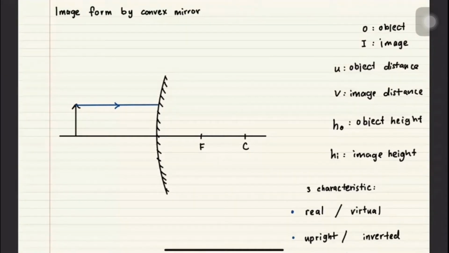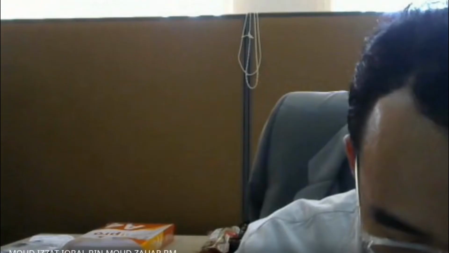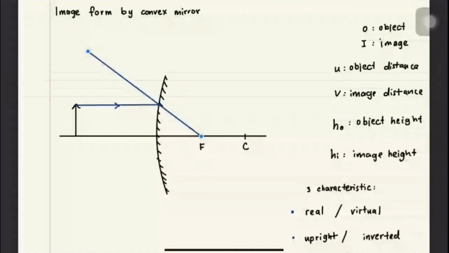Okay, the light is reflected. The light will not go into the mirror directly. So when it is being reflected, in this case, it will be reflected off the F. So you can imagine this one is actually reflected from the F. Okay, but this one, you don't have to draw that one yet.